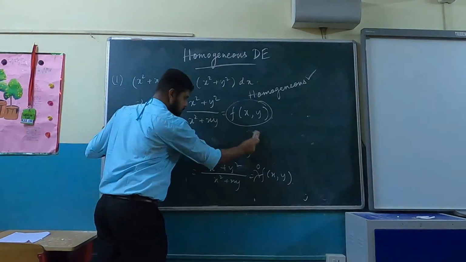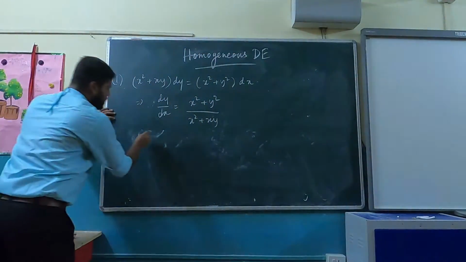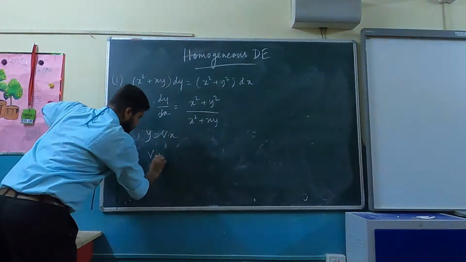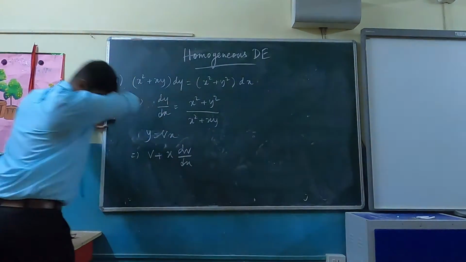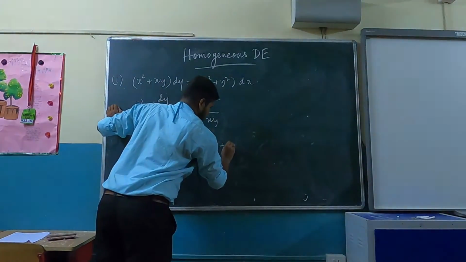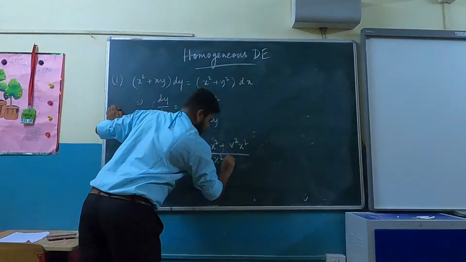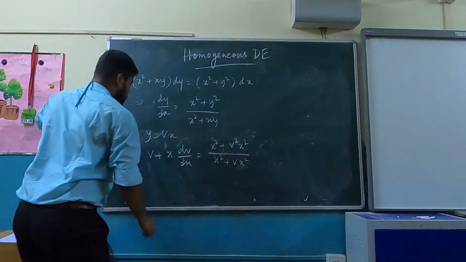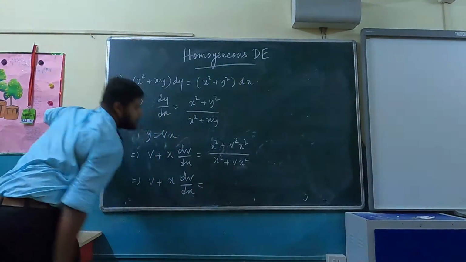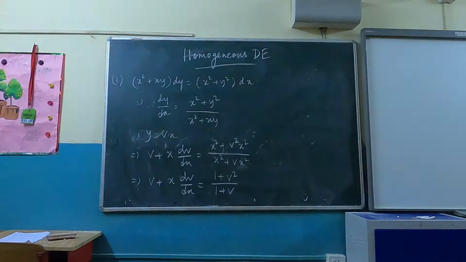So now let us take y is equal to vx. So therefore v plus x dv by dx is equal to, right?